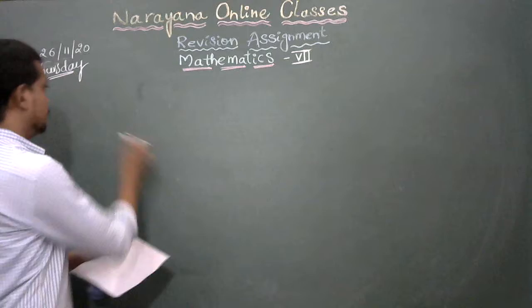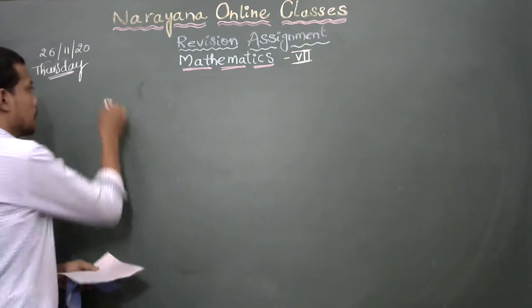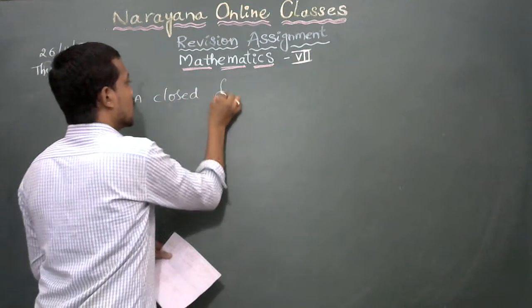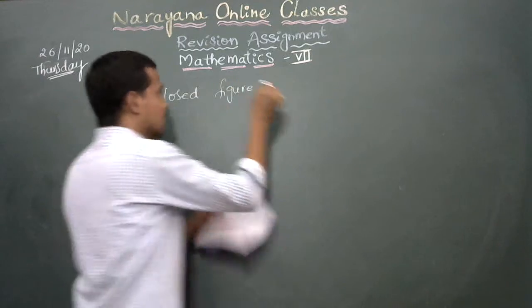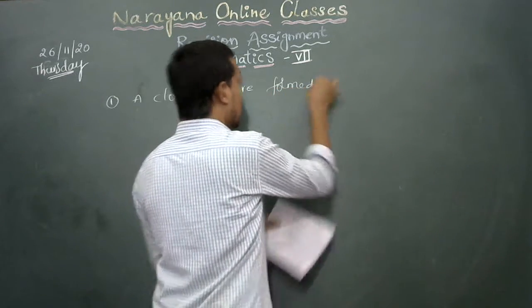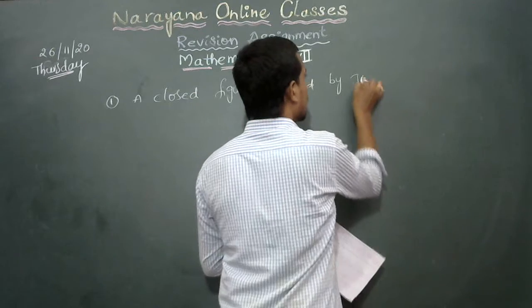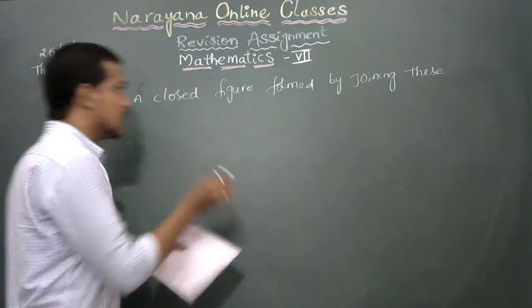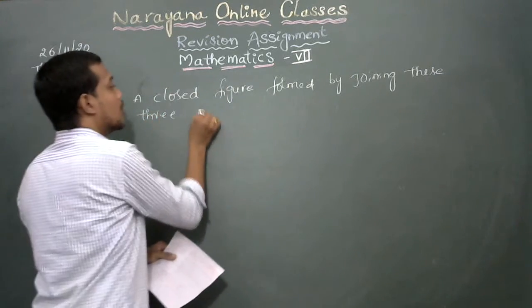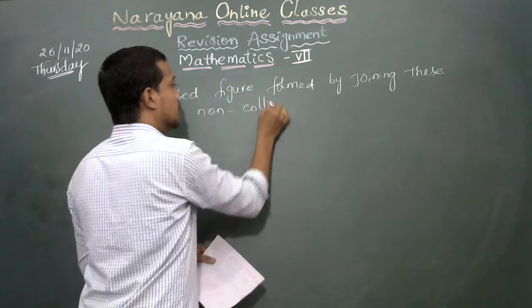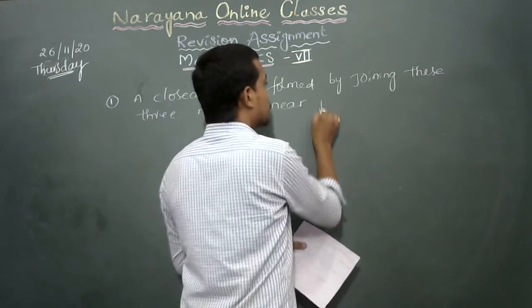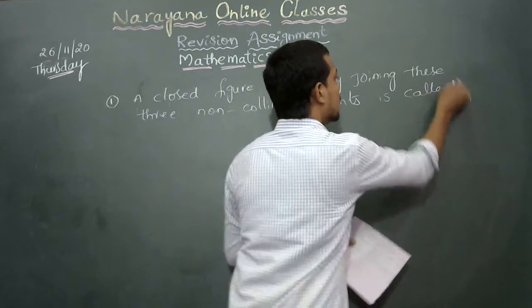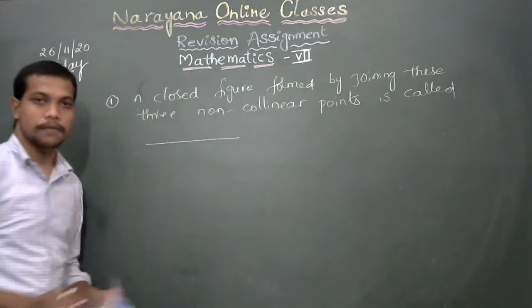So in this first one, a closed figure formed by joining these three non-collinear points is called dash.